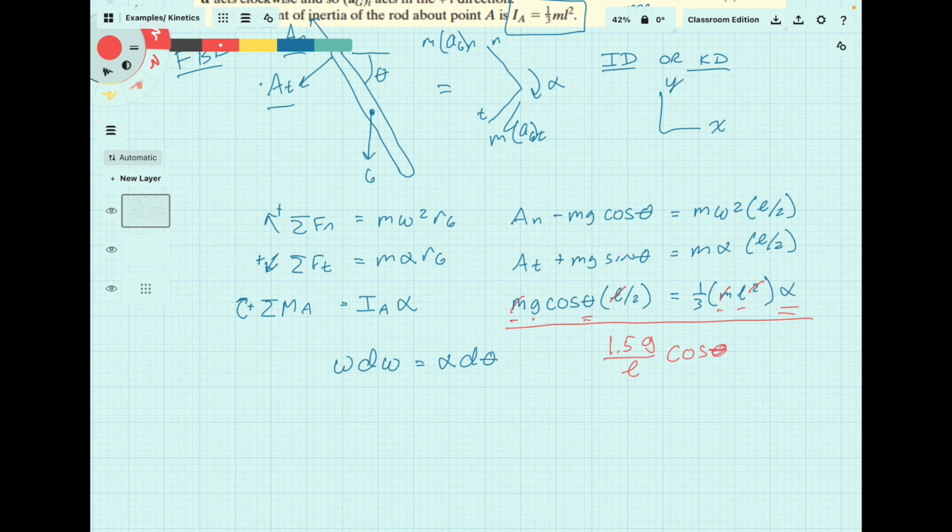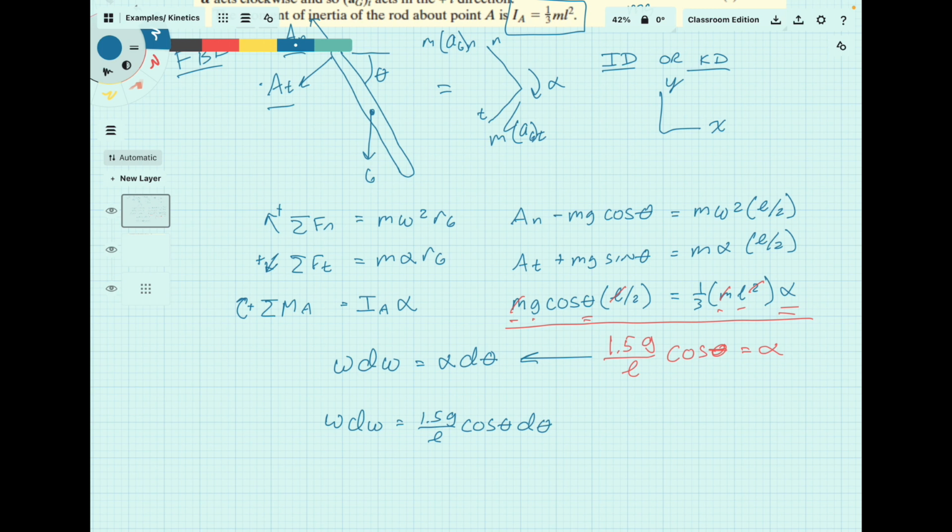And I believe that's right. And that's going to be equal to alpha. So that can go into our expression there, and we get omega d omega is equal to 1.5 G over L cos theta times d theta.